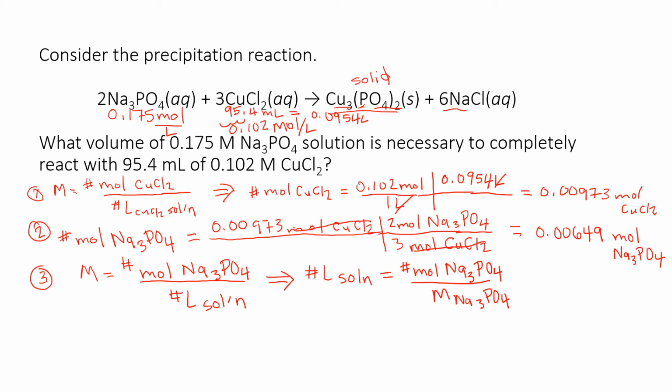So the number of liters of solution is going to equal, well, we have 0.00649 moles of sodium phosphate.